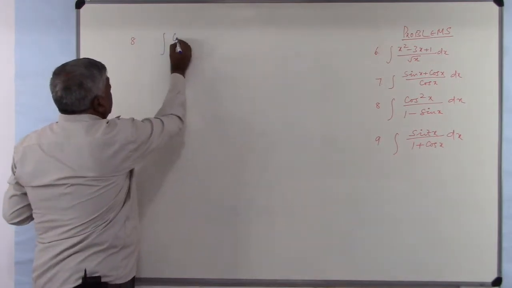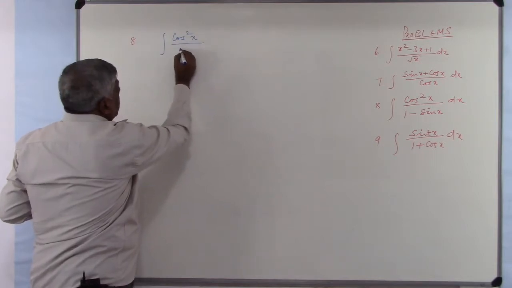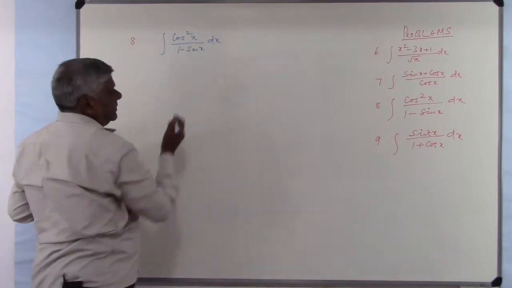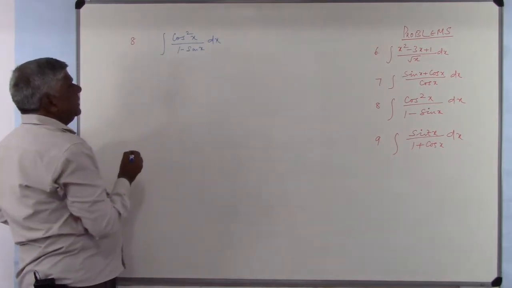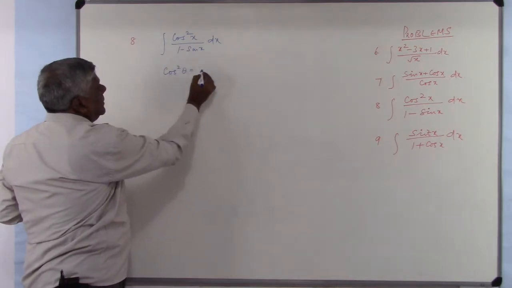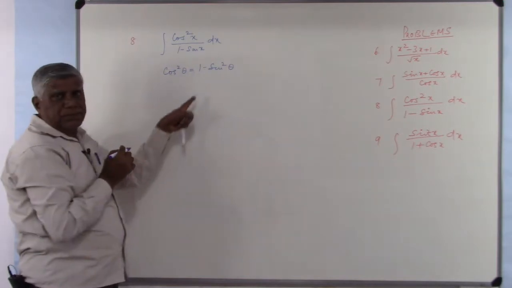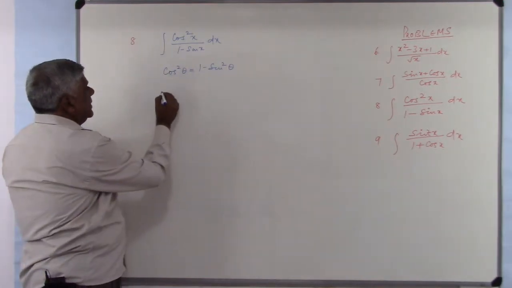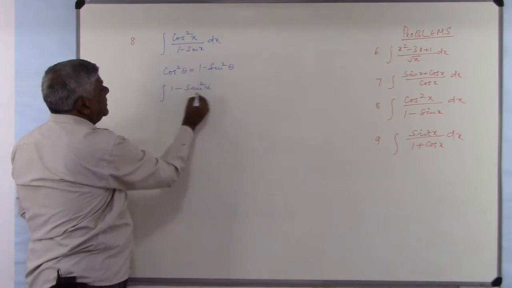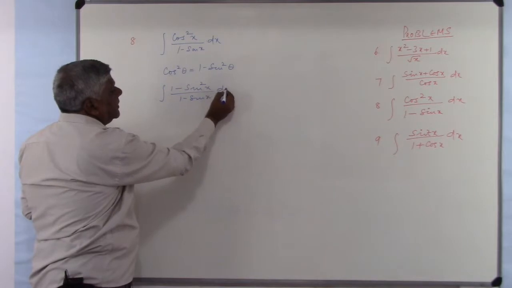Integral of cos square x by 1 minus sin x dx. See, we know that cos square theta is equal to 1 minus sin square theta. Now I will replace it like this: 1 minus sin square x divided by 1 minus sin x dx.